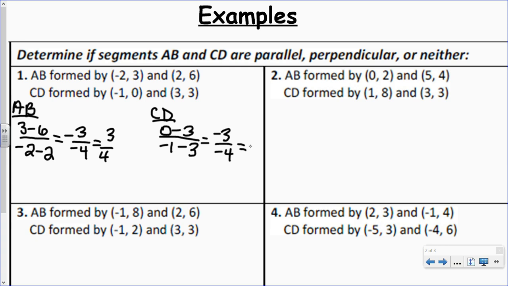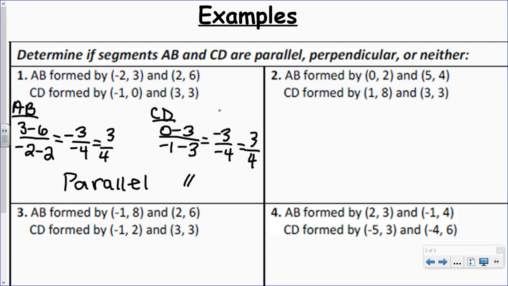Remember, that's going to be positive 3/4. So line AB has a slope of 3/4. Line CD has a slope of 3/4, which is the same. So that makes these lines parallel. We can say they are parallel. And the symbol for parallel looks like two parallel lines, or the two L's in parallel. Okay, so that's the symbol for parallel.